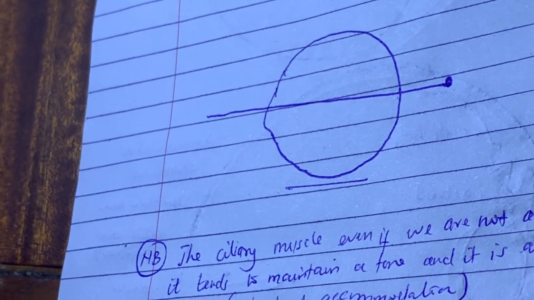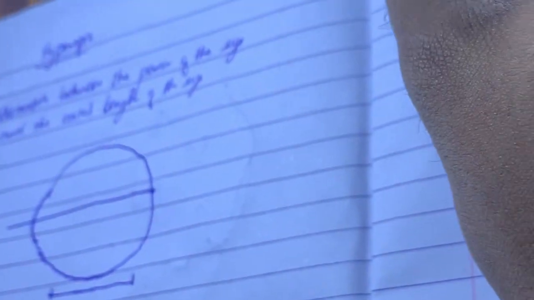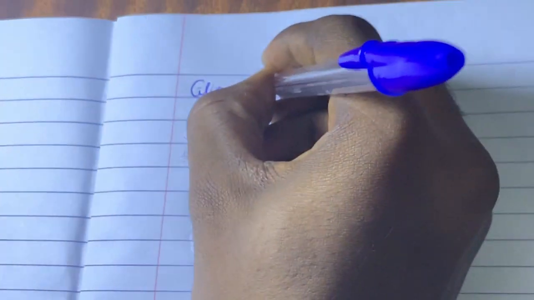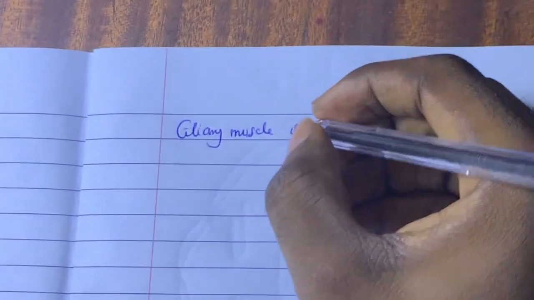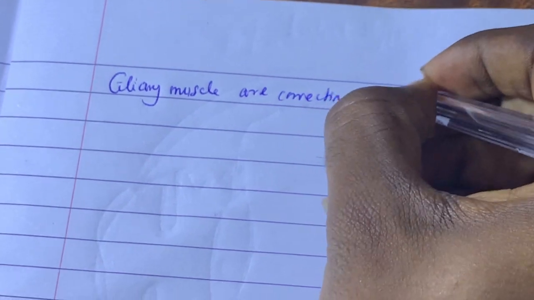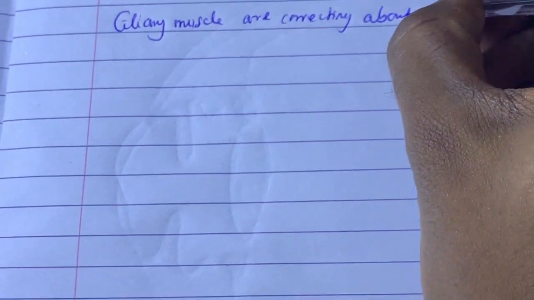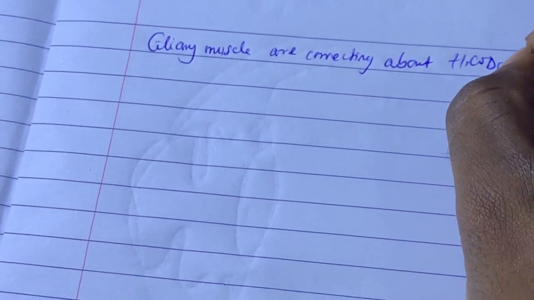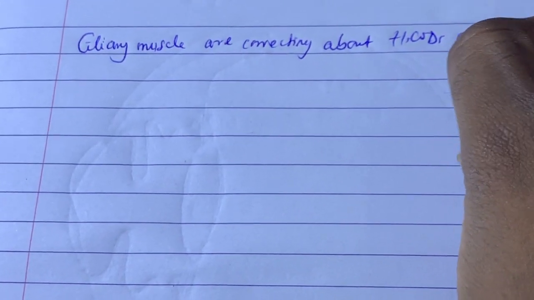The point is that the ciliary muscle is correcting about +1 diopter DS of the hyperopia.